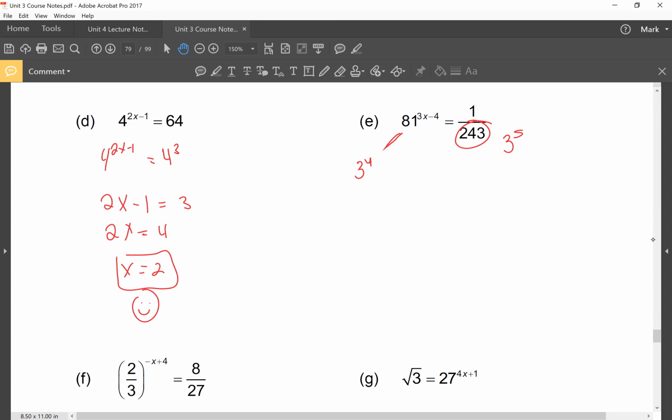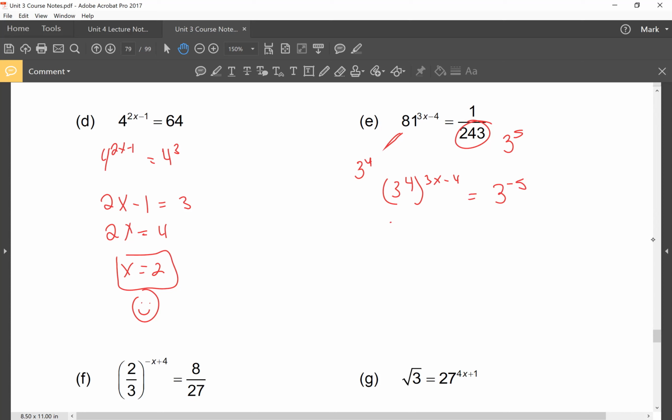So now that I know I can represent both of these with a base 3, there's a couple of things I need to note. First, 3 to the power of 4, and then I'm going to have 3x minus 4. I'll multiply that out in a minute. Now for this one, I'm going to write it as 3 to the negative 5 because it is a fraction.